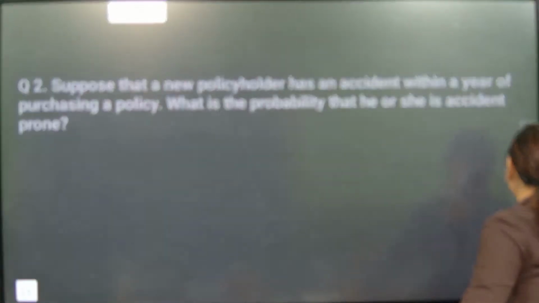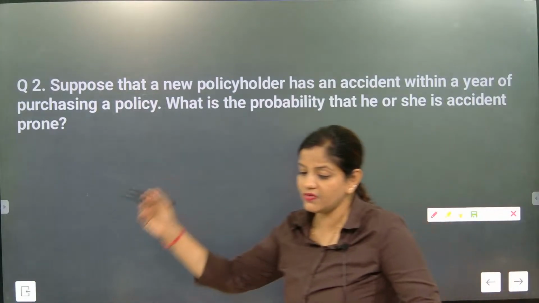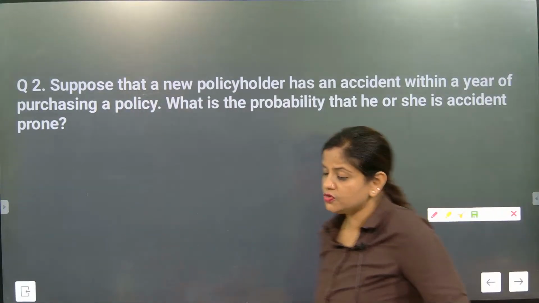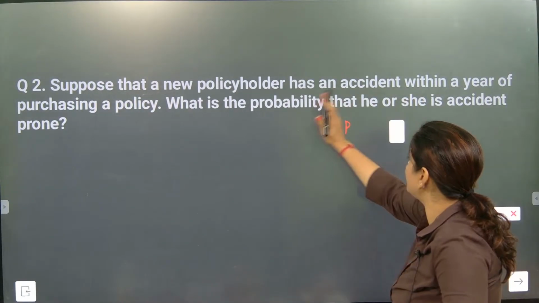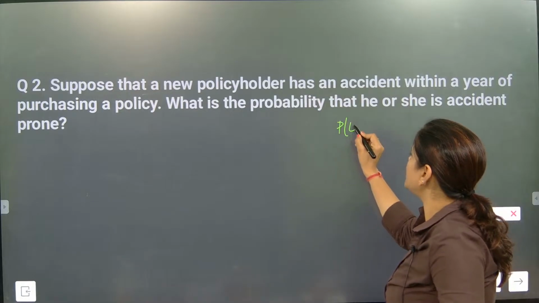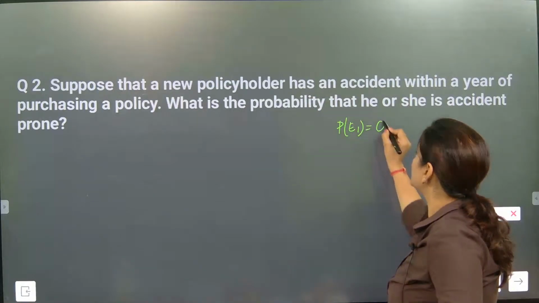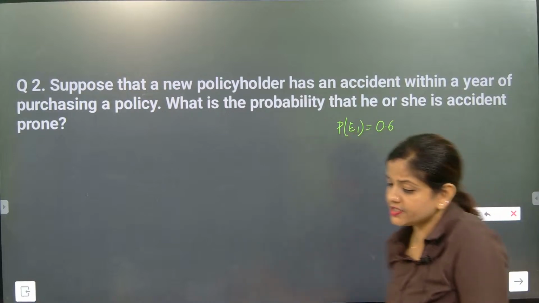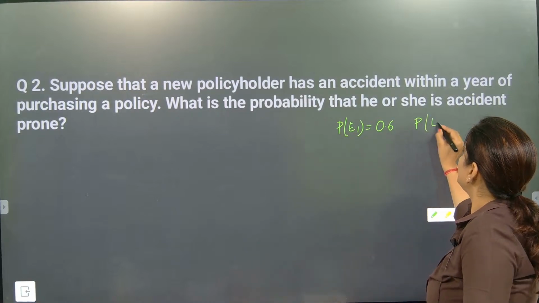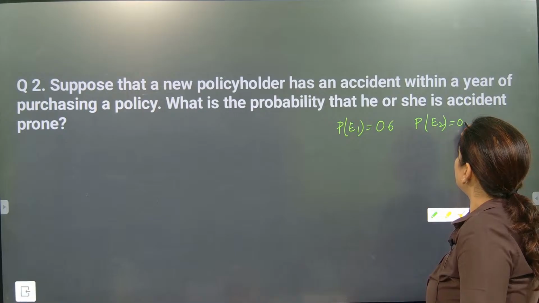So whatever we have written in the previous part, E1, we are going to utilize all that information. P of E1 for us was 0.6. P of E2 for us was 0.2.